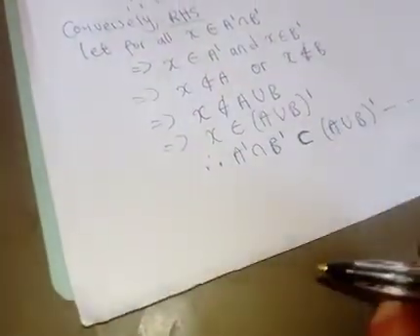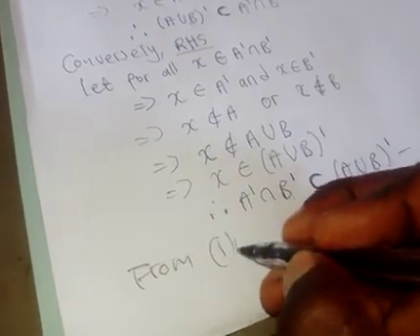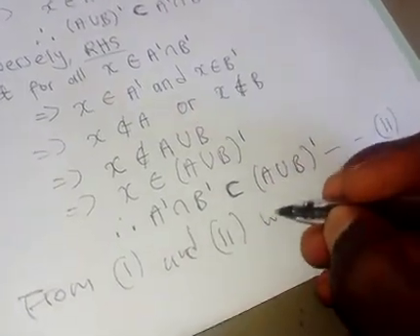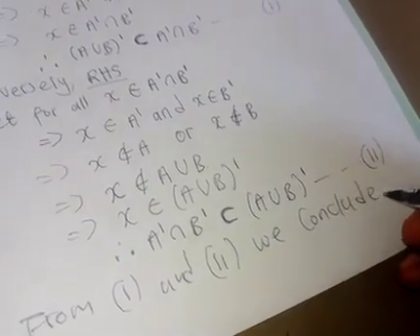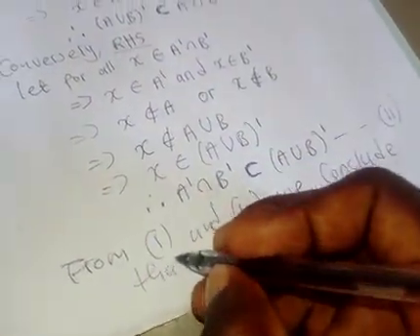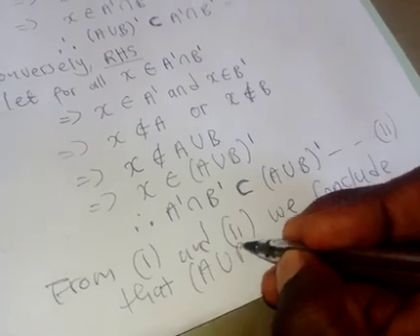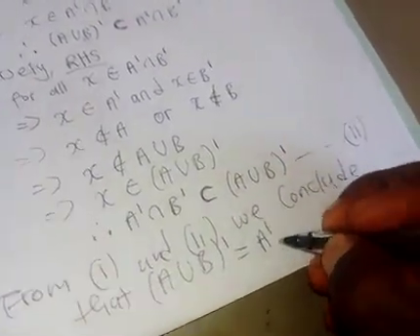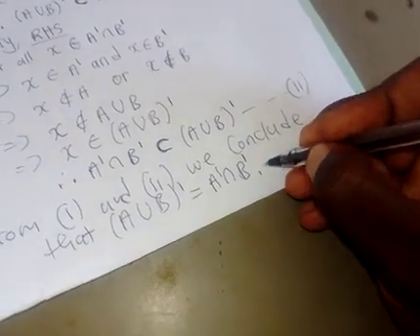Then to conclude, you say from 1 and 2, we conclude that what we are proving, which is A union B complement, is equal to A complement intersect B complement. Hence proven.